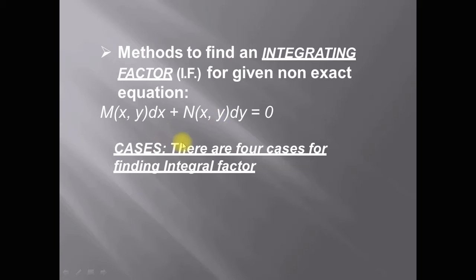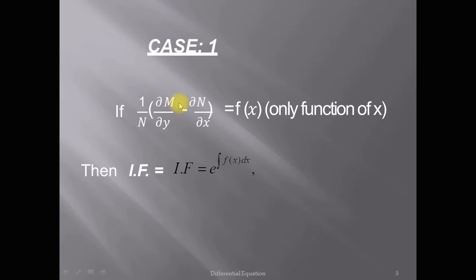Case number 1 for finding an integrating factor is this: 1 over N into partial M by partial y minus partial N by partial x. If from this expression we get a function only of x, then the integrating factor will be e to the power integration of this function with respect to x.